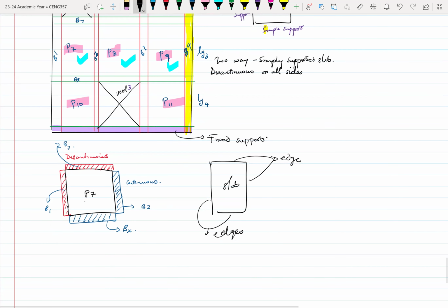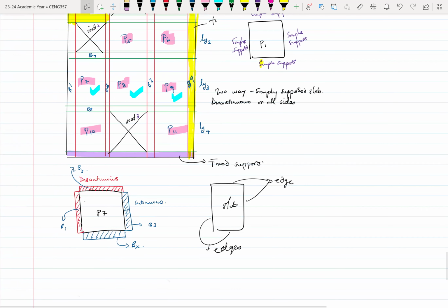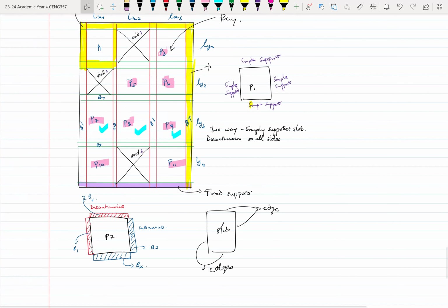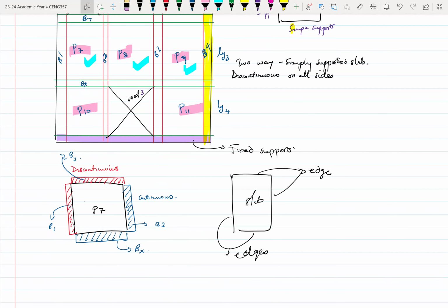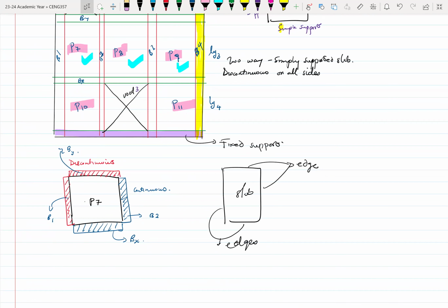Okay. So if these are the edges, and then let's assume that BY and B1 are simply supported. Okay. So because of that assumption, we can then, looking for a table to show you. I think it's in the code.